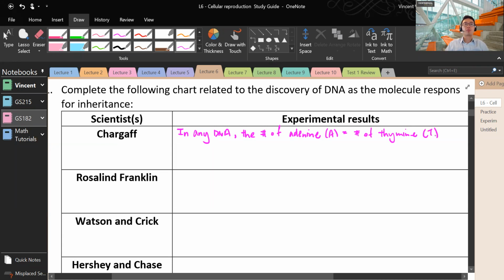This shouldn't be surprising because A pairs with T, right? So if you have 60,000 adenine in the DNA, you're going to expect to have 60,000 thymine as well.